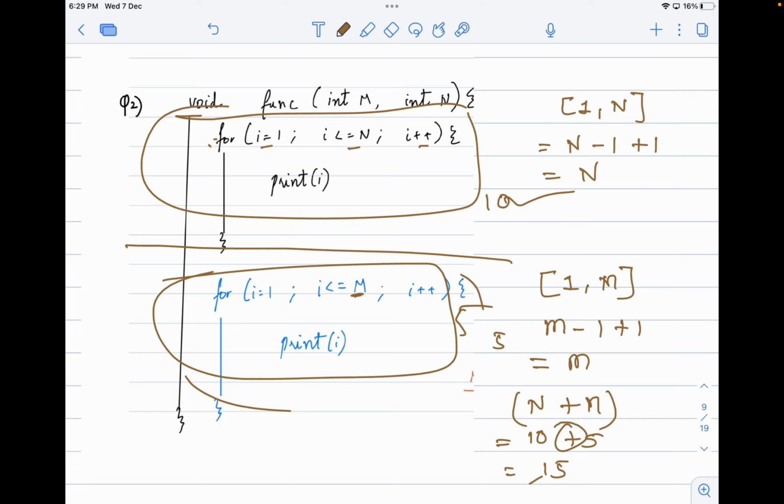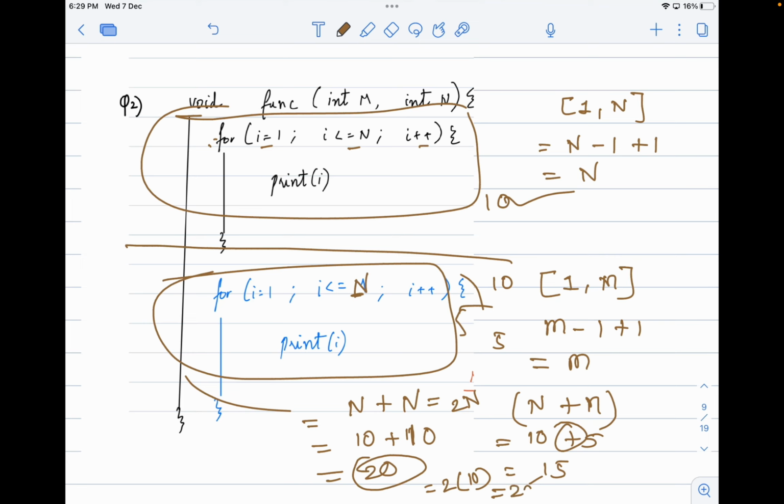But suppose this loop is not traveling till m, it is also traveling till n. Let's see, this is taking 10 and your n is 10, so this is also 10. So we can say n plus n, so 10 plus 10 is 20. So 20 iterations are happening, but for n plus n you can say 2n. 2n is 2 into 10, which is 20, right?